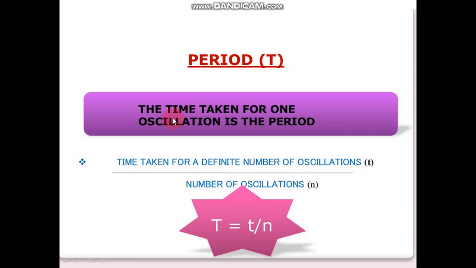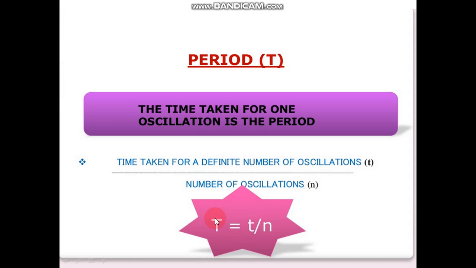Period. What is the period? The time taken for one oscillation is the period. It is equal to the time taken for a definite number of oscillations divided by the number of oscillations, that is, T equals t by n.